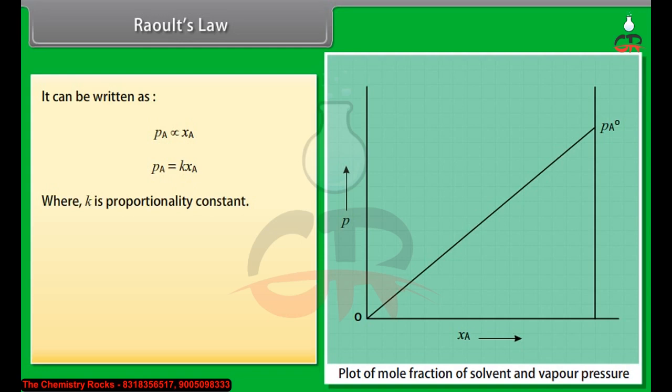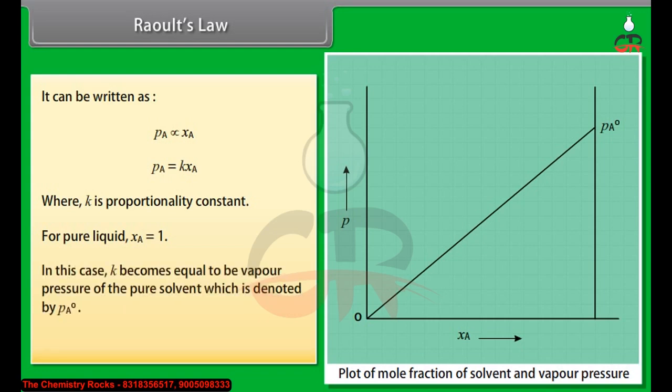For pure liquid, XA = 1. In this case, K becomes equal to vapor pressure of the pure solvent, which is denoted by PA⁰. Thus, PA = PA⁰ × XA. For solutions obeying Raoult's law at all concentrations, its vapor pressure would vary linearly from 0 to the vapor pressure of pure solvent.